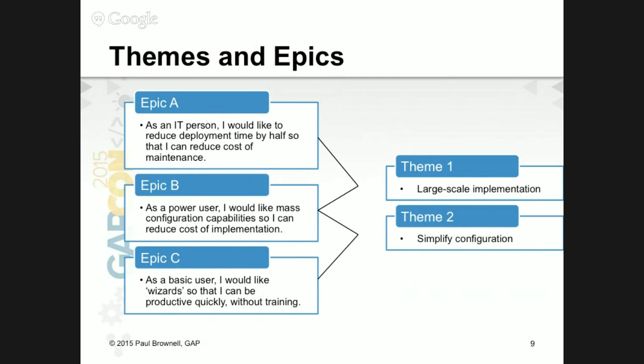And if that's the case, then you would choose epics A and B, or even the components inside those epics that accomplish large-scale integration. So you might pick and choose a subset of an epic to accomplish that goal.